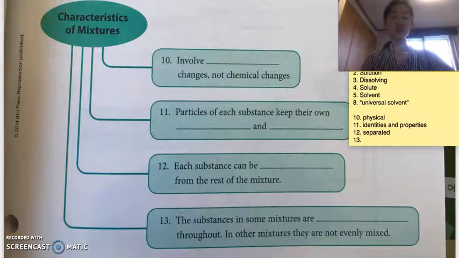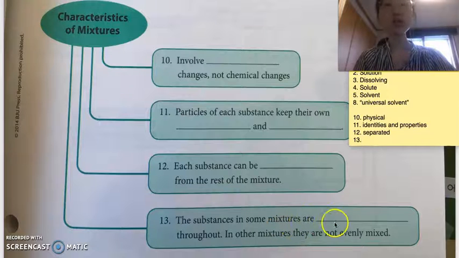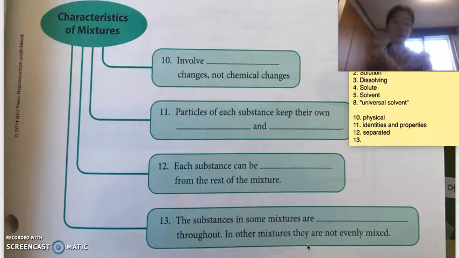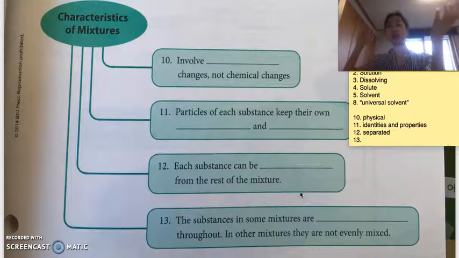Number 13. The substances in some mixtures are blank throughout. But in other mixtures, they are not evenly mixed. This question kind of gives us a hint. If you think about the sand example at the beach, if you take a handful of sand and another handful of sand and compare them, it's not the same, right?